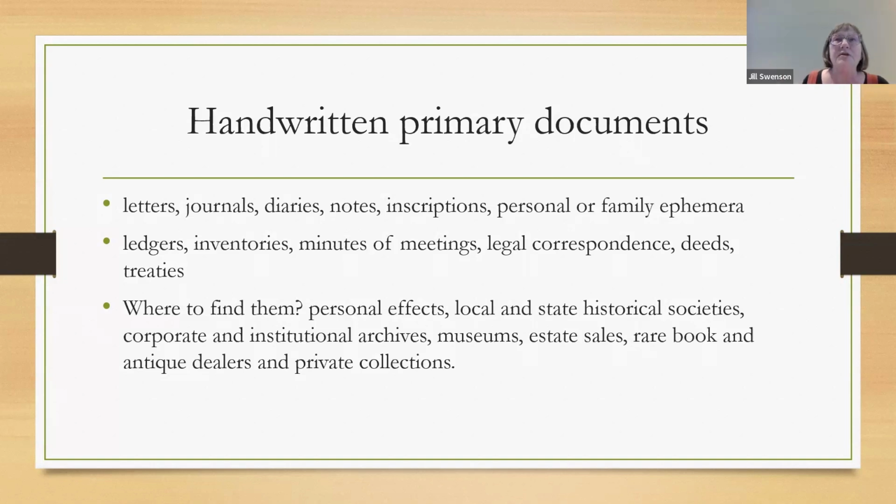All of these personal and family ephemera that might include handwritten documents, but not just personal stuff, also business correspondence, legal correspondence, ledgers, inventories, minutes of meetings, school board meetings, most deeds, almost all treaties, right? They're all handwritten.